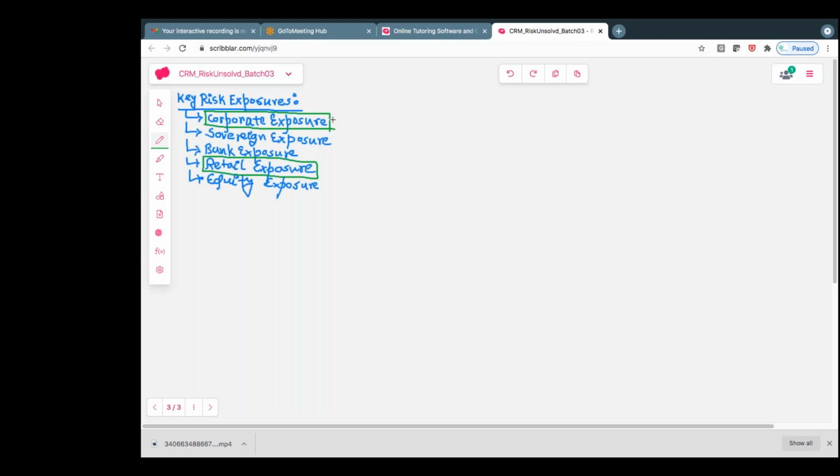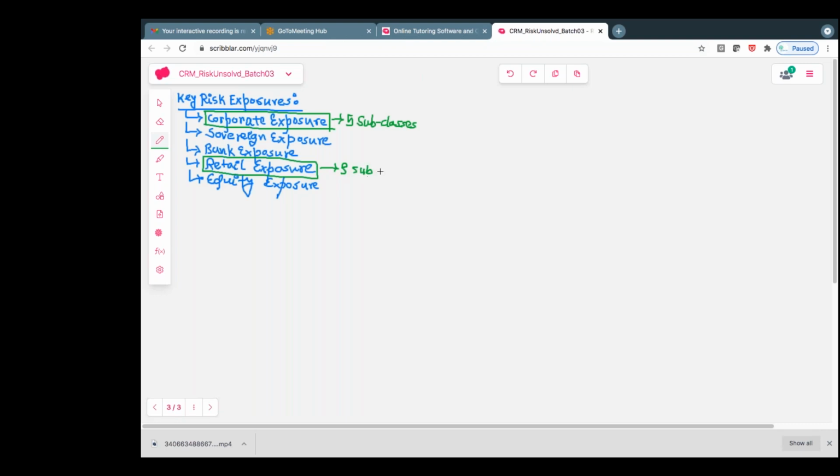Now, the corporate exposures are further divided into five subclasses. So there are five subclasses, and the retail exposure has three subclasses.